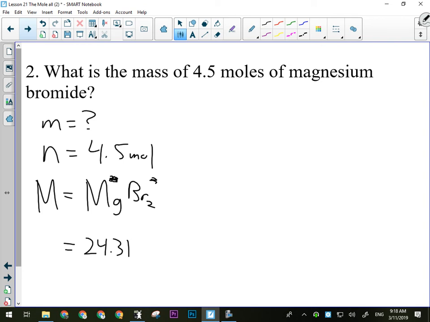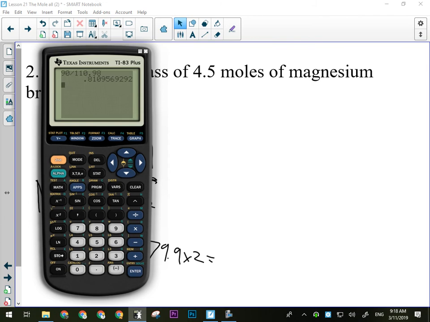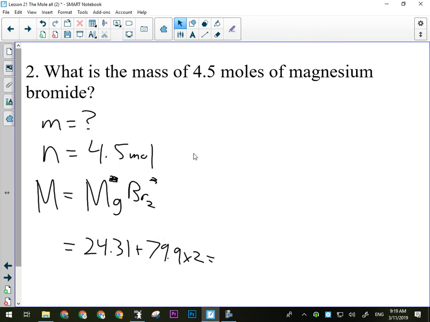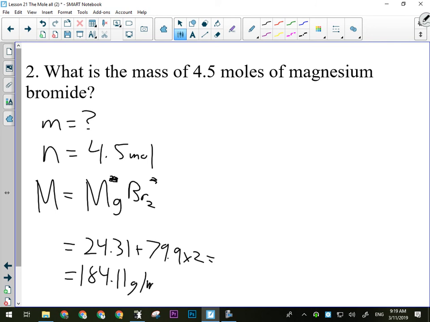So there's our magnesium, 24.31 grams per mole plus 79.9, and there's 2 of them. So 79.9 times 2. All right, so we're looking at a molar mass here of 184.11 grams per mole. All right, so there, 1 mark. Okay, wrote down my givens and calculated my molar mass, 1 mark.